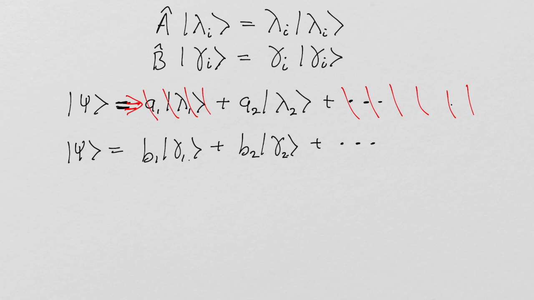In fact, I should even erase this. The probability of that occurring is the magnitude squared of the complex number that is the component of eigenket lambda 2 in the decomposition of psi. That's the probability that we made a measurement of the observable A and received lambda 2.